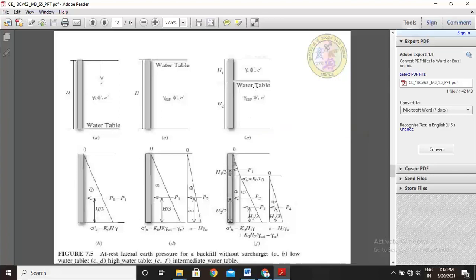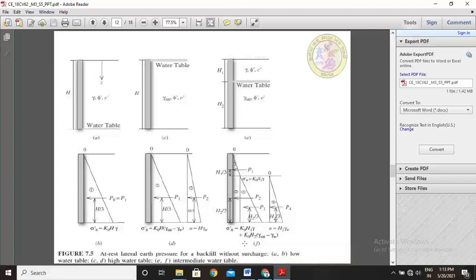So below the water table the density of the material is saturated, and above the water table the density is dry density gamma. So how to plot the pressure distribution diagram? See, this is the usual retaining wall, draw the horizontal lines, and here three pressure distribution diagrams occur.